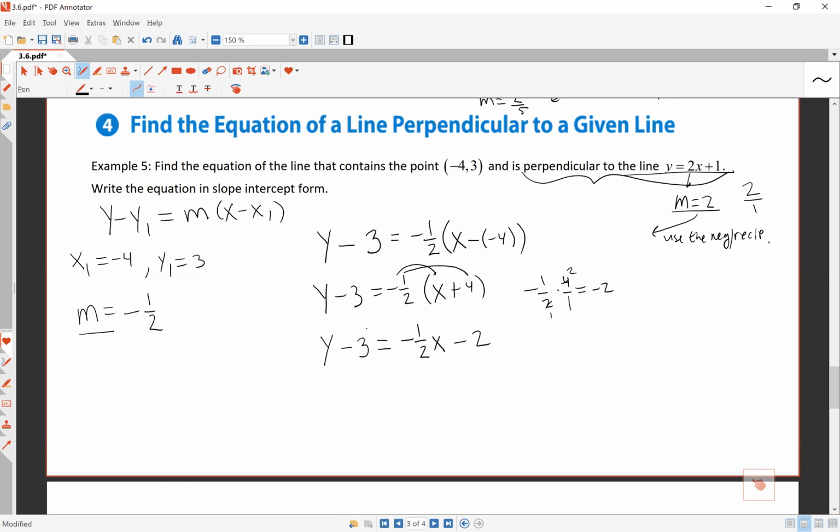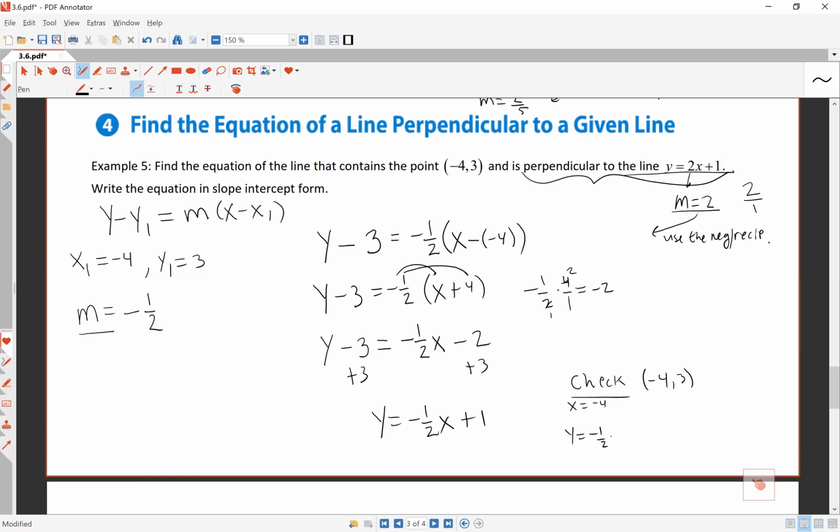Finishing these off in slope-intercept form, we have to add 3 to both sides. And I get y is equal to -1/2 x plus 1. Just want to double check that it goes through the point -4, 3. So I plug in x equal to -4.